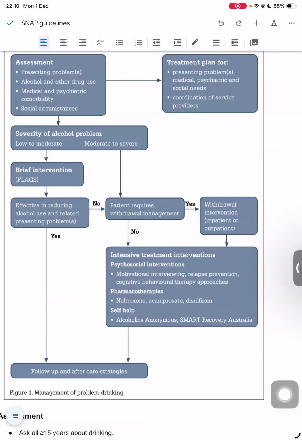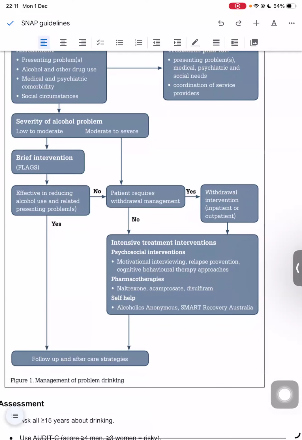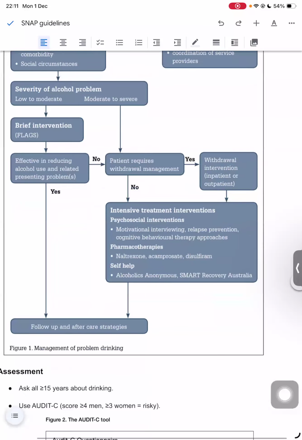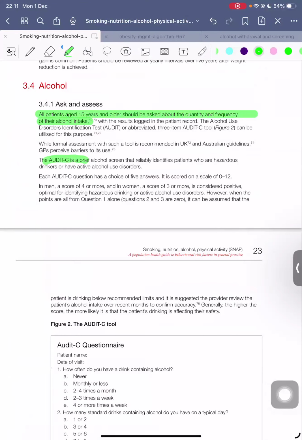If the patient requires treatment, we have to give it inpatient or outpatient. If the patient doesn't require withdrawal management, we can do intensive treatment interventions like psychological interventions and pharmacotherapies. I'll show this in the SNAP guideline.